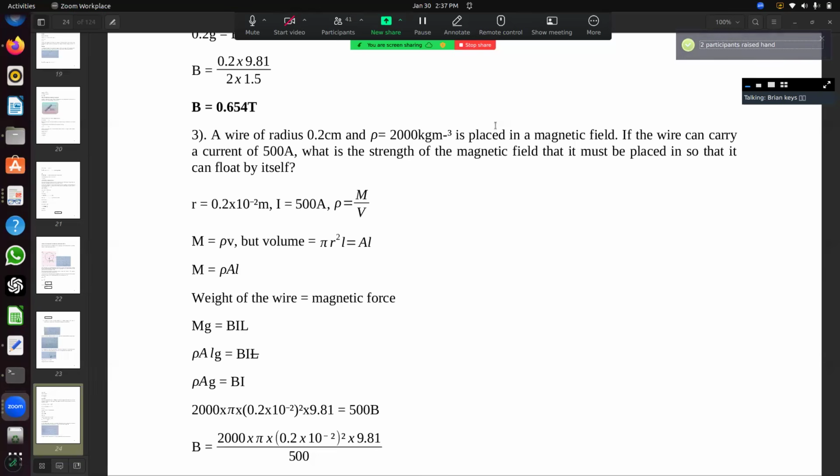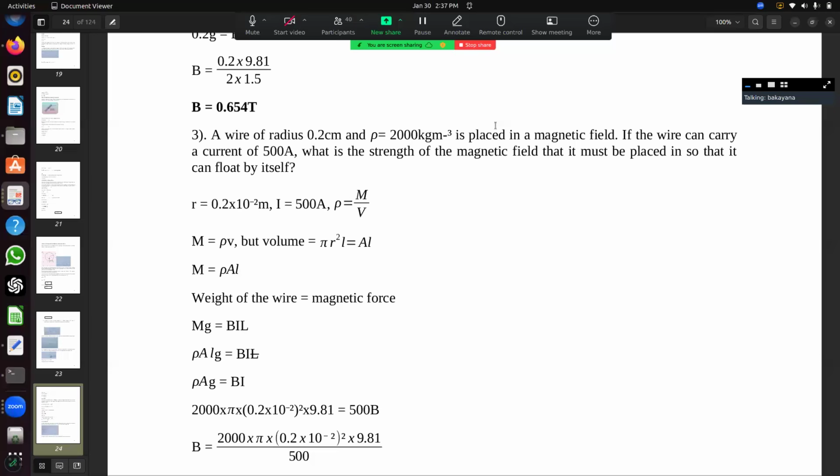Master, I'm requesting that you help us display this workbook in the group after the lesson. Okay, that is through Mr. Kaziba, but don't worry, we shall have the notes. Yes, Master, thank you. But for now, just pay attention so that you pick something.